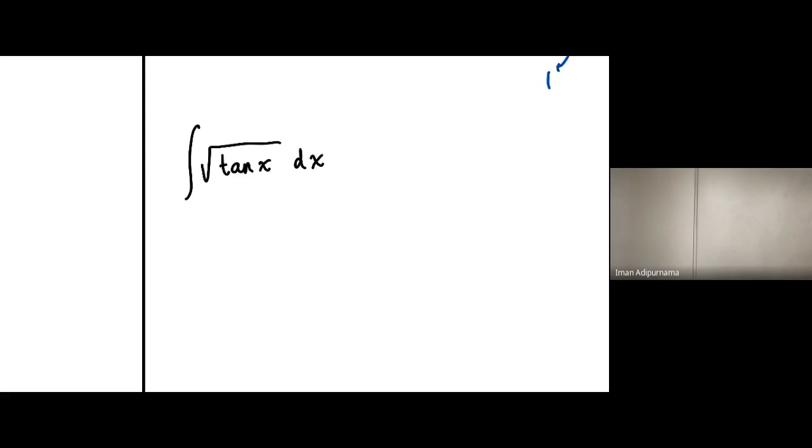That's right. Can you check the answer here? Oh, indefinite, right? It seems the question is very innocent: the square root of tangent x.